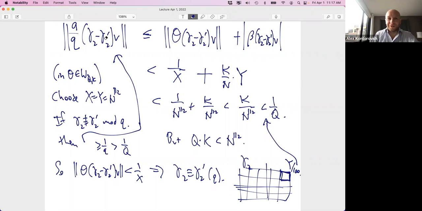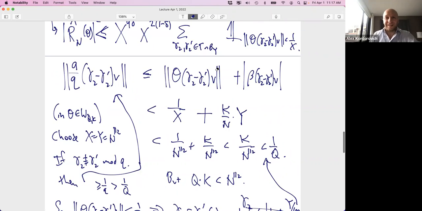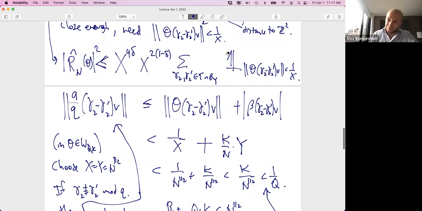If they're not the same mod q, then this is at least 1 over q. But this upper bound gives us that it's at most 1 over q. And so the only way this happens is this. That means that when we go back here, we can replace this condition by the condition that gamma 2 and gamma 2 prime are congruent mod q.